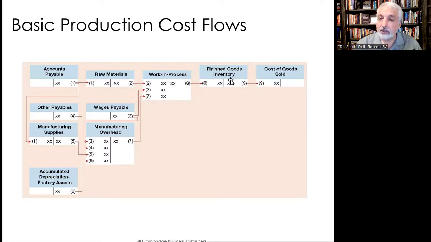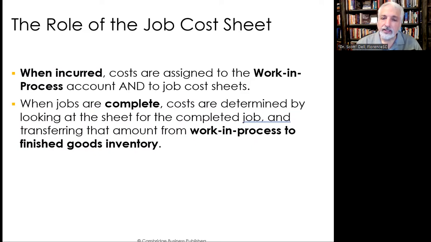On a manufacturer's balance sheet, we have three categories of inventory for the products we make or produce, and we still have supplies inventory as well. But the three are raw materials, work in process, and finished goods. And again, notice our work in process and finished goods include labor, wages, overhead, depreciation, and other costs that go with that. So that's where we're assigning to work in process, and then from work in process to finished goods as we complete.